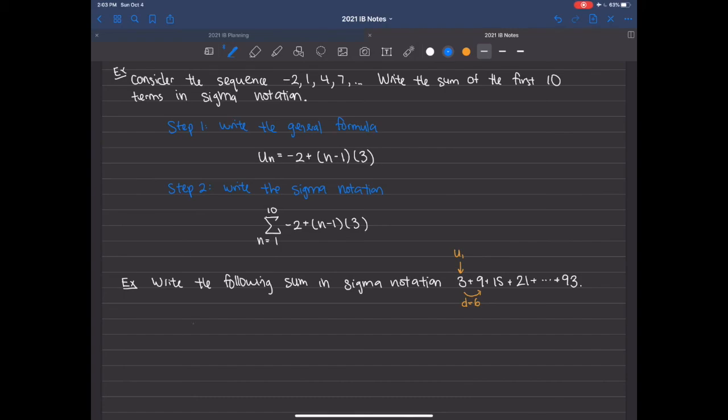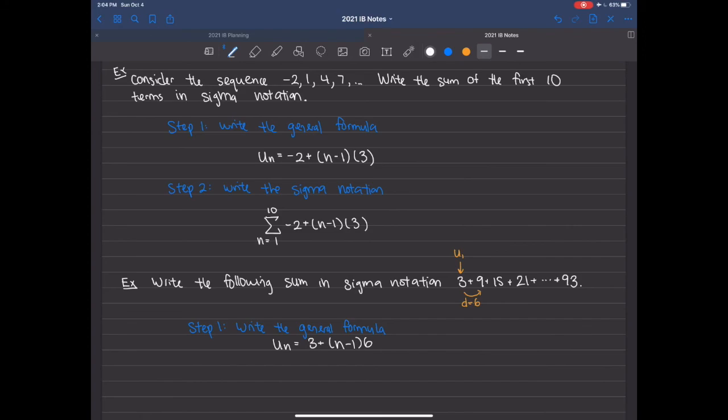So in this case, step 1, write the general formula again. We have u sub 1 and we have d, so we have all the information we need. U sub n is equal to 3 plus n minus 1 times 6.